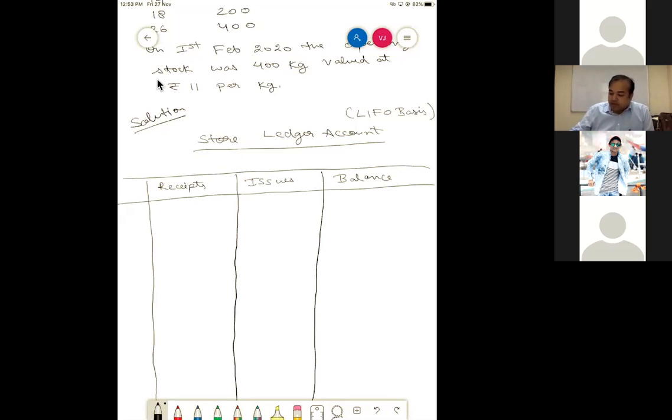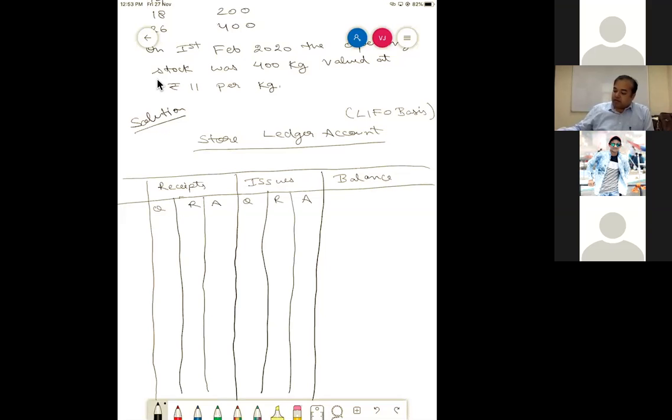In receipts, what we have? Quantity, rate, and amount. So again, you can make 3 sub-columns: quantity, rate, amount. And similarly, in issues, quantity, rate, amount.